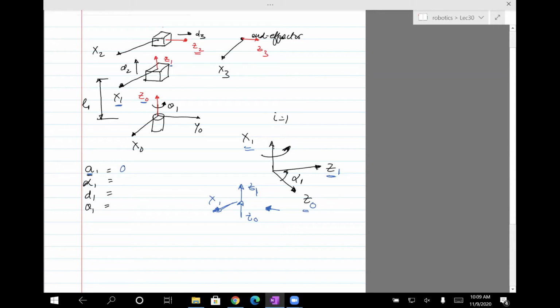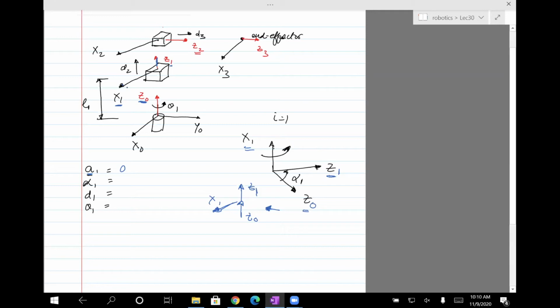Okay, the next step is angle alpha, which is the angle between Z0 and Z1 along X1. If you curl your fingers, just hold on, let me check something quickly.